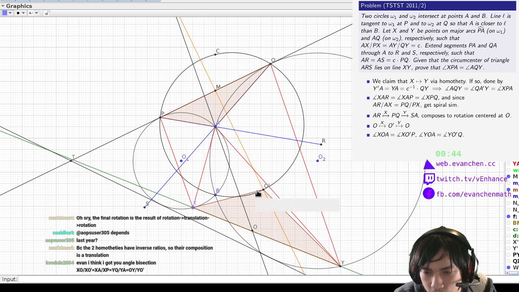So XO goes to XO prime. Maps back down here. It's like rotated through this angle.